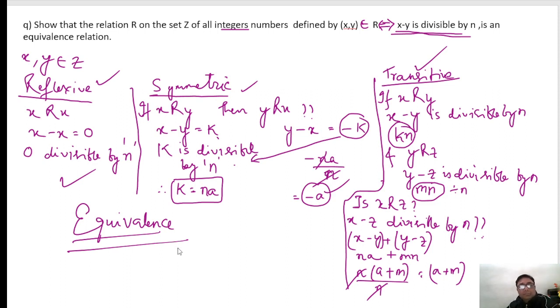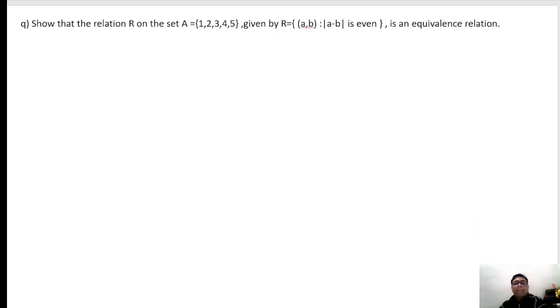So let's see now. Let's see another example, friends. This is a set, 1, 2, 3, 4, 5. a comma b, we have to choose coordinates from here such that mod a minus b is even. We have to show that this is an equivalence relation. So let's see first.